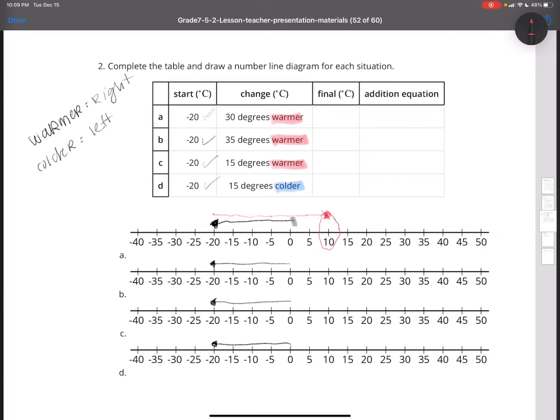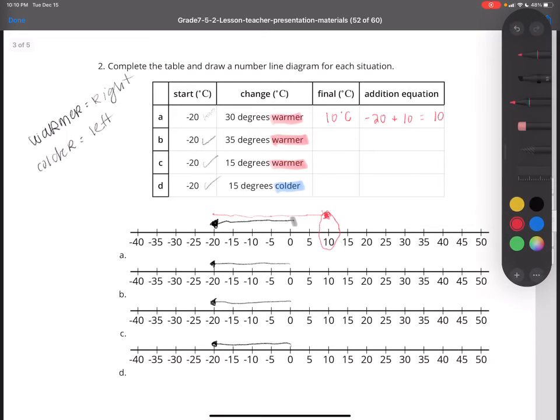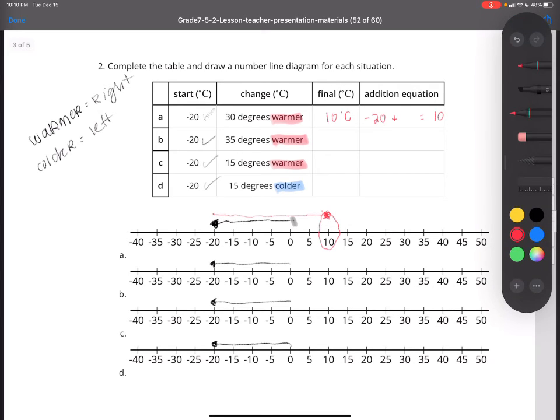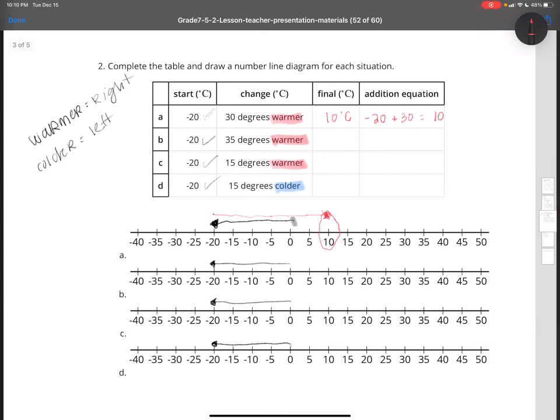So my final answer is 10 degrees Celsius. And my addition equation would be negative 20 plus 10 is equal to positive, oh, not plus 10, plus 30. I apologize about that. Plus 30 is equal to positive 10.